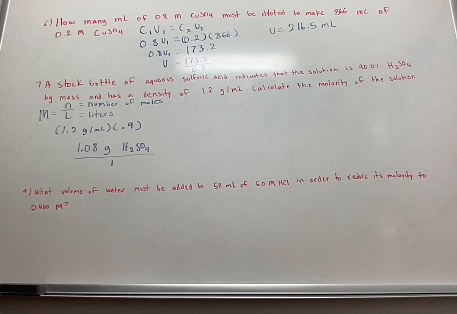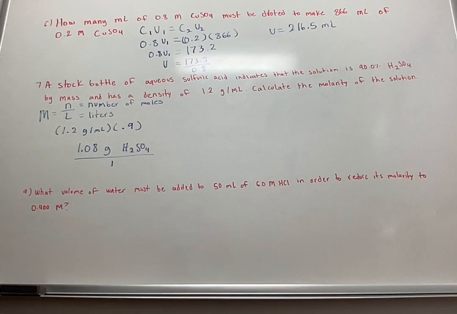And finally, O4: oxygen weighs 15.999, so you multiply that times 4. Or if you round those numbers, 1 times 2 plus 32.06 plus 16 times 4.